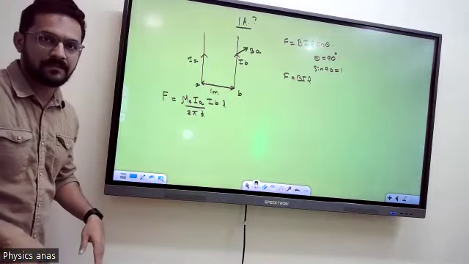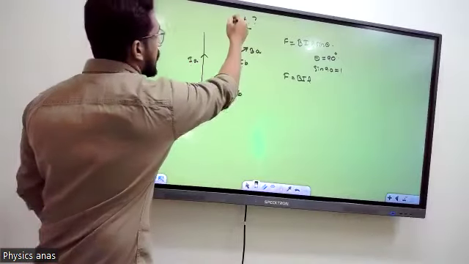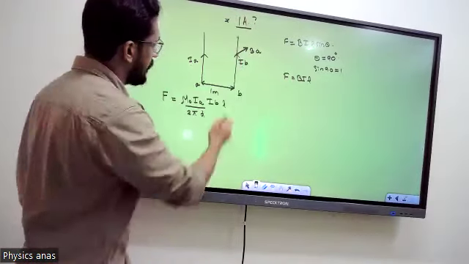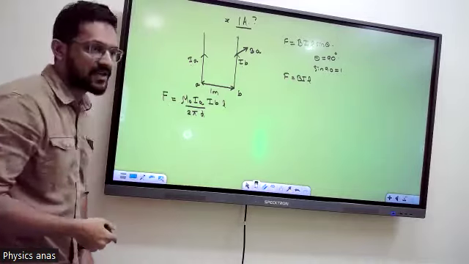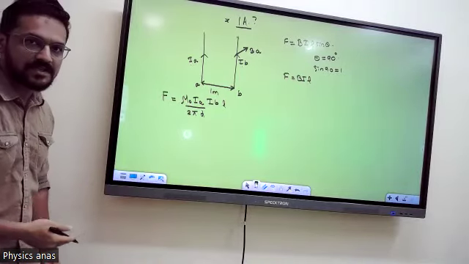This is the force. If they ask for the definition of 1 ampere, draw this figure and write this equation.